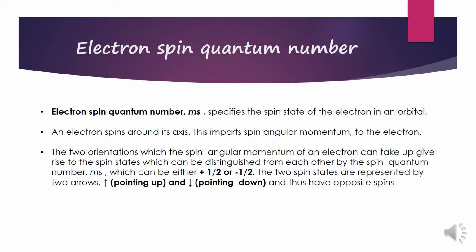The other electron present in the orbital, rotating anti-clockwise, has ms value minus half, and is represented by an arrow pointing downwards. This is how we allocate the ms value to the electrons present in an orbital.